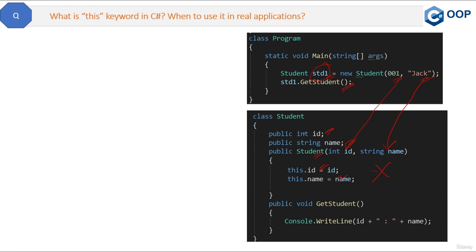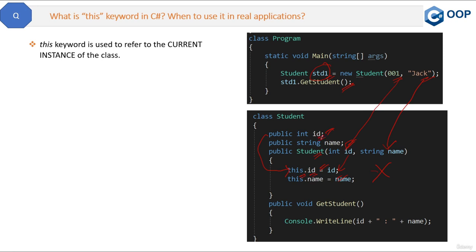So now the left hand side, this.id, is the id of the Student class, and the right hand side id is the value received from the parameter. So the definition is: the this keyword is used to refer to the current instance of the class. Here, this id field is the field of the Student class, so id is part of the class only.